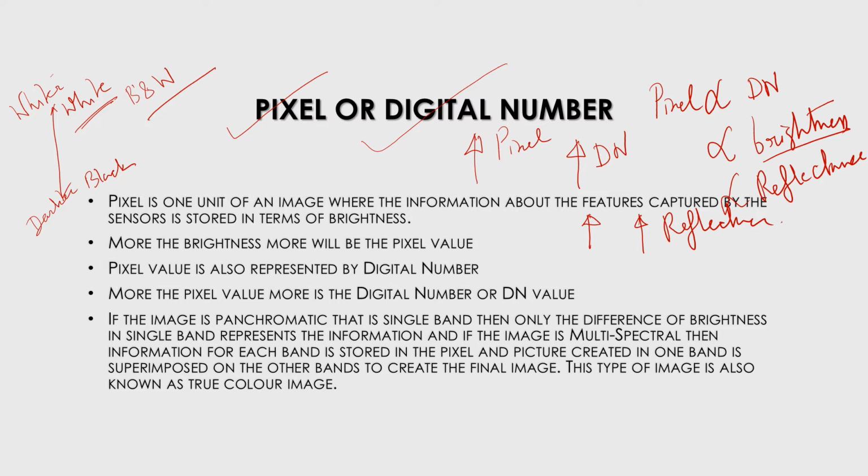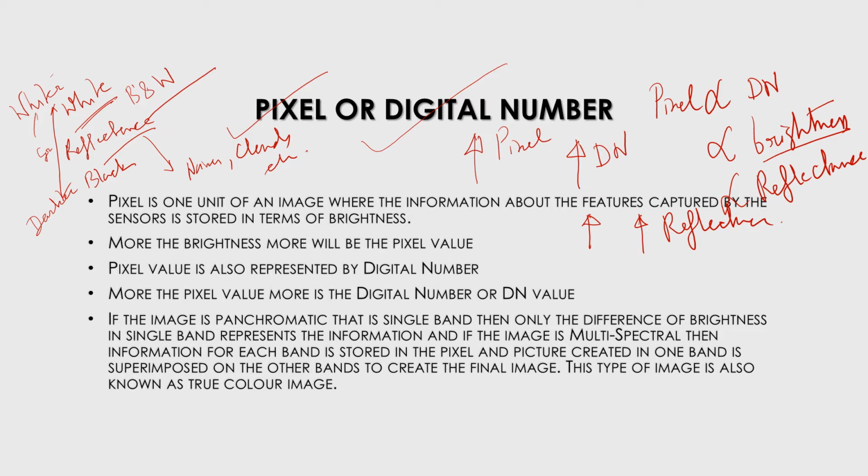Whenever this reflectance gets reduced because of lots of disturbances like noise, clouds, etc., it makes the image go from gray to black, correct? And when gray is converted to white, the reflectance is increasing in that area.